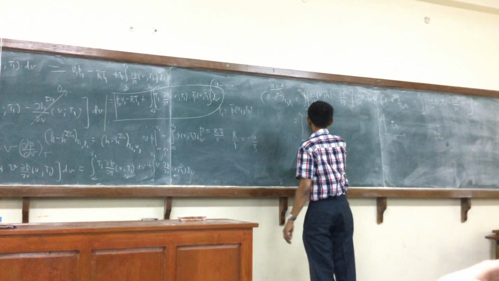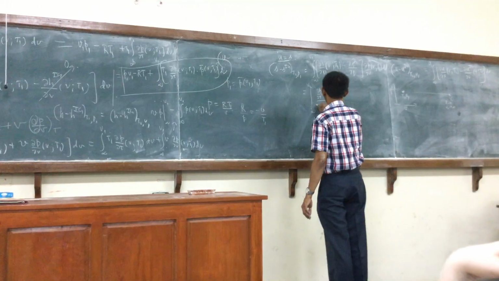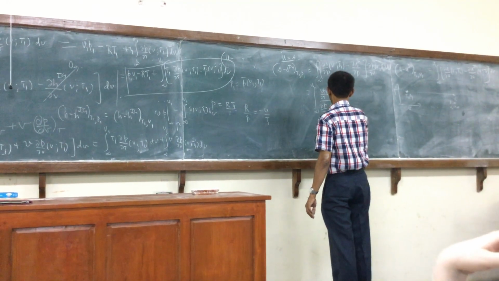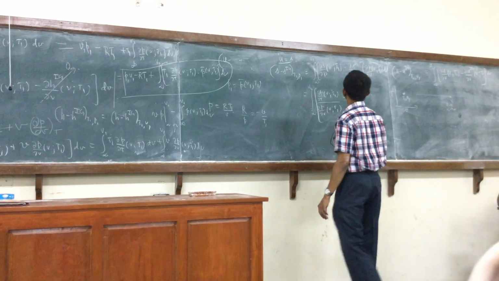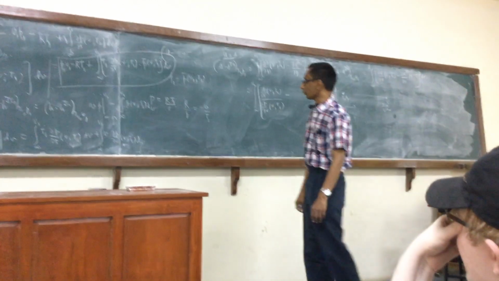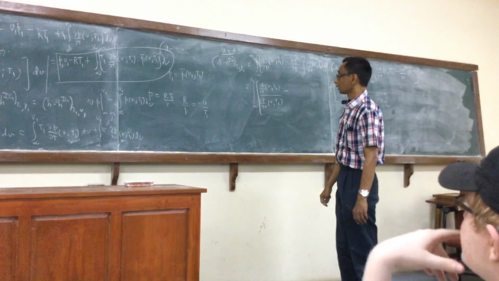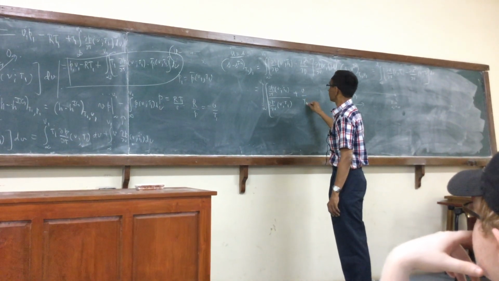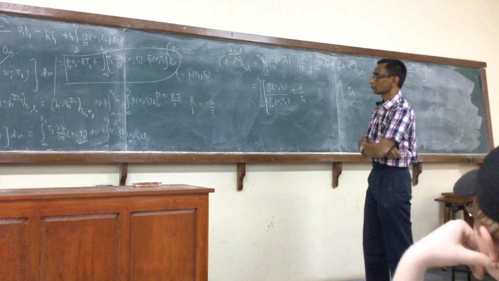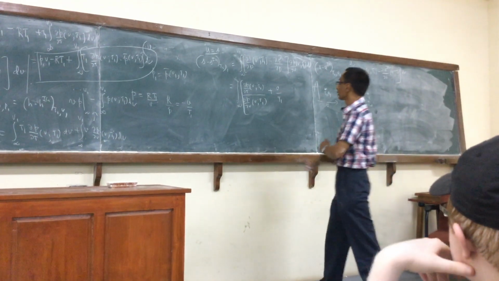First dP by dT minus R by P, which is actually plus V by T1, right? Does it make sense or not?